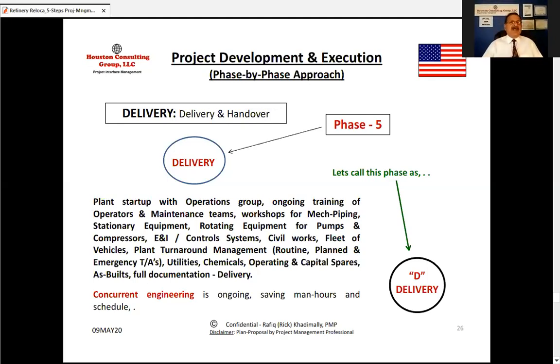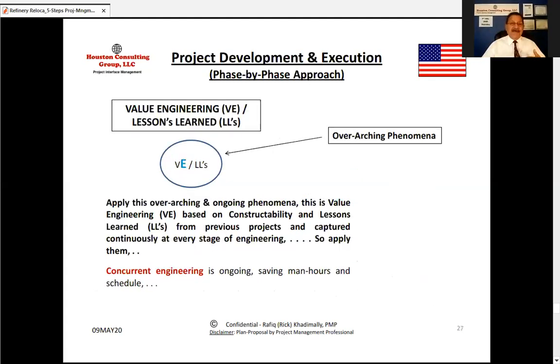Let's call this D. And again, as I mentioned, concurrent engineering is ongoing. The engineers are having feedback and they are revising the drawings as they are installing them. Okay? And then the overarching phenomenon is value engineering and lessons learned.